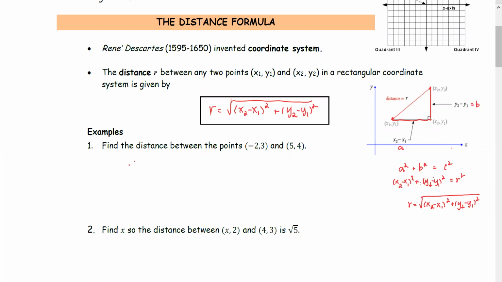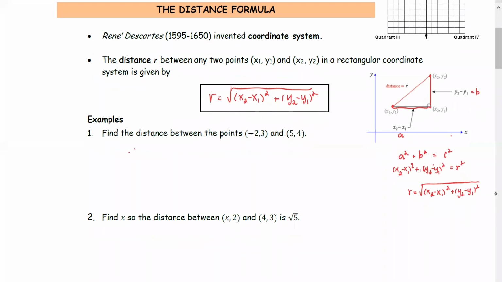Example 1. Find the distance between the points -2, 3 and 5, 4. Substitute the values x1, y1, x2, y2 into the formula. So r equals the square root of (5 minus -2) squared plus (4 minus 3) squared.